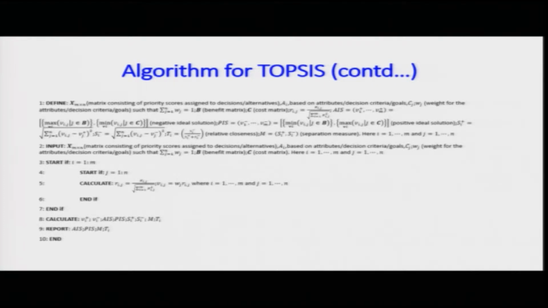What I am saying is that when you are trying to find out y is equal to x into w, here x is a normalized vector, the size of x is m cross n, and the size of w is n cross n.